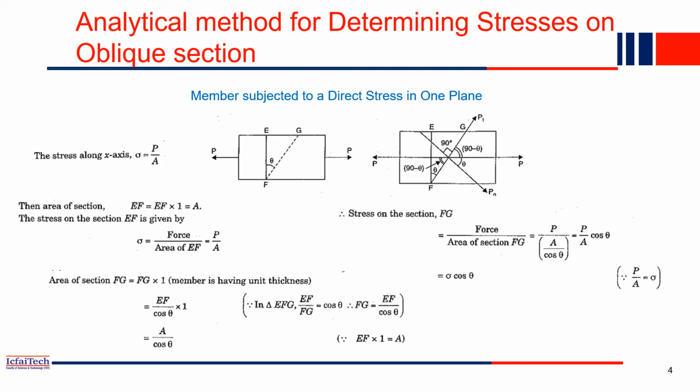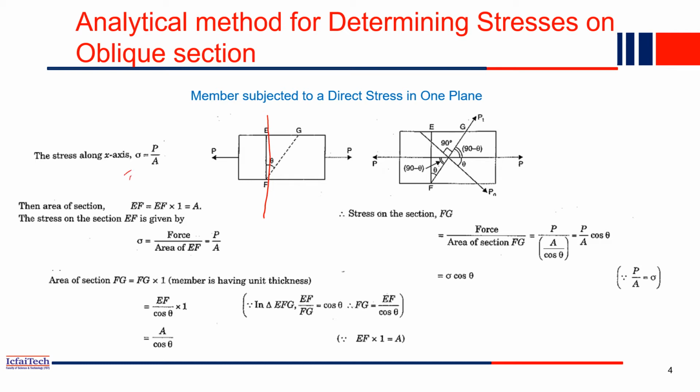Now consider this as a body, and a tension force P is acting on this body. If you take a section here, the EF section, this vertical section, how much is the stress in this section?